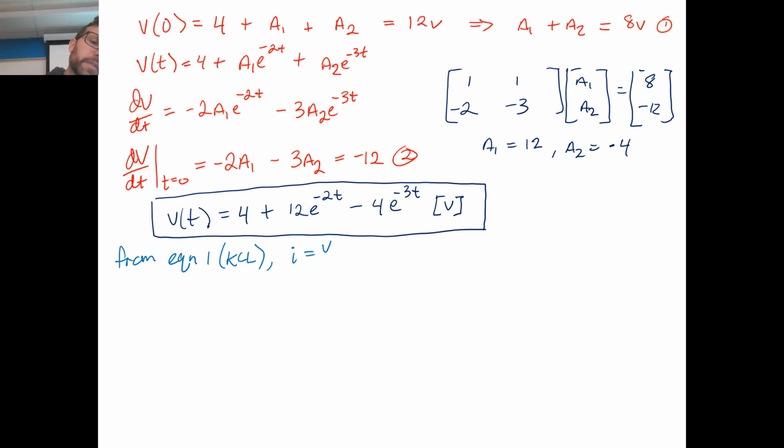We have that I is equal to V over 2 plus 1/2 dV/dt. And so we'll plug it in.